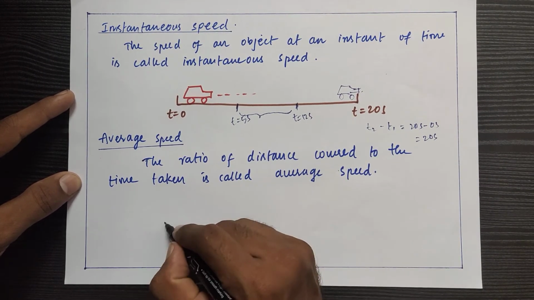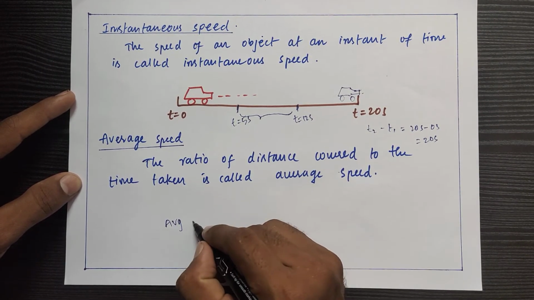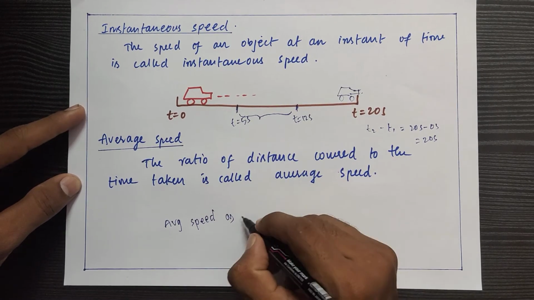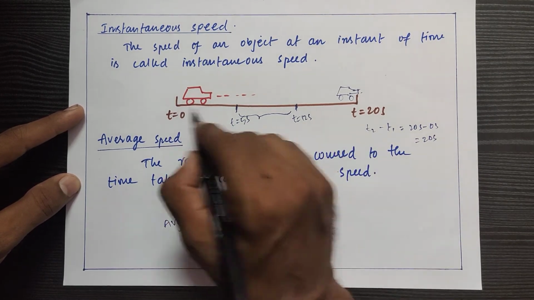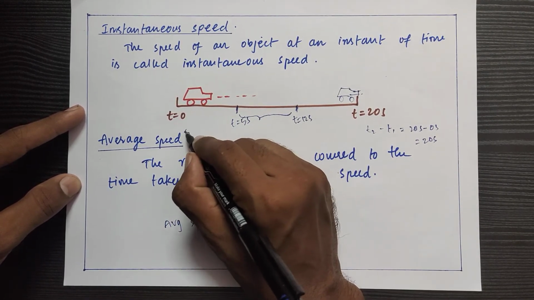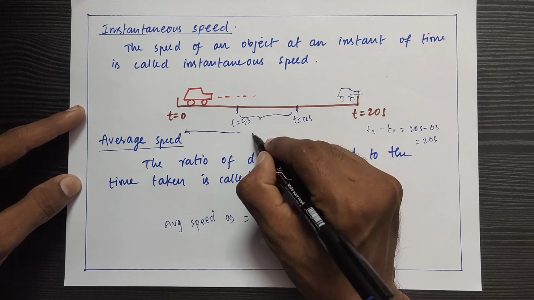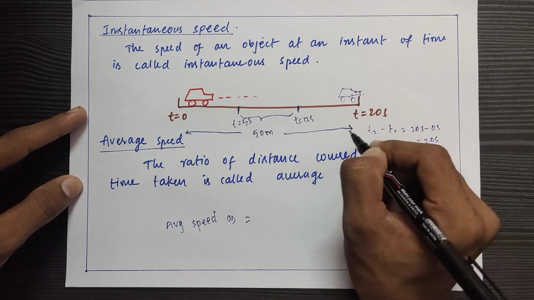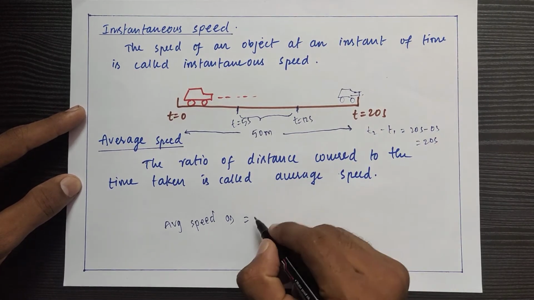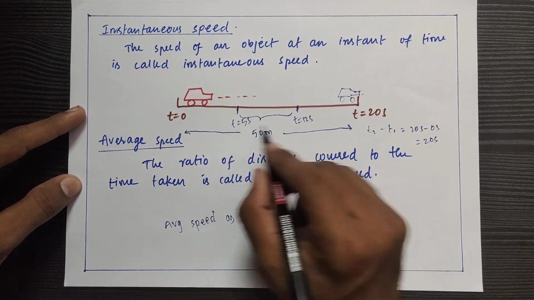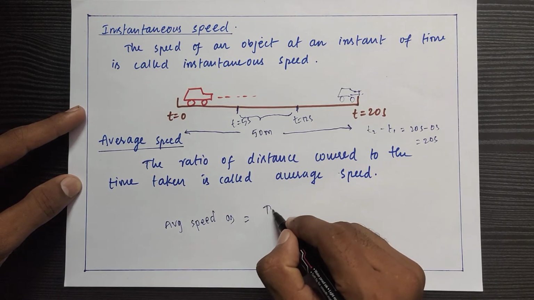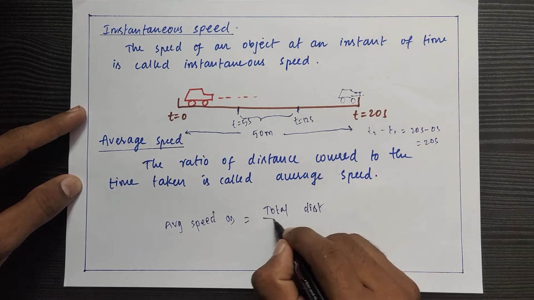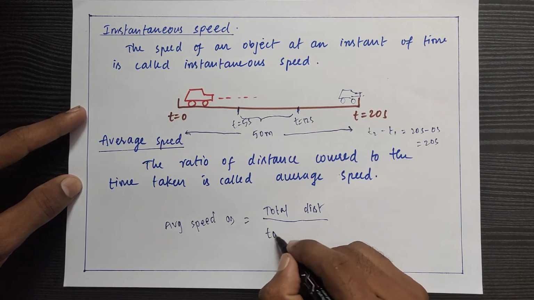So average speed is total distance to the total time taken. Let the distance be 50 meters. The car took 20 seconds to complete 50 meters.